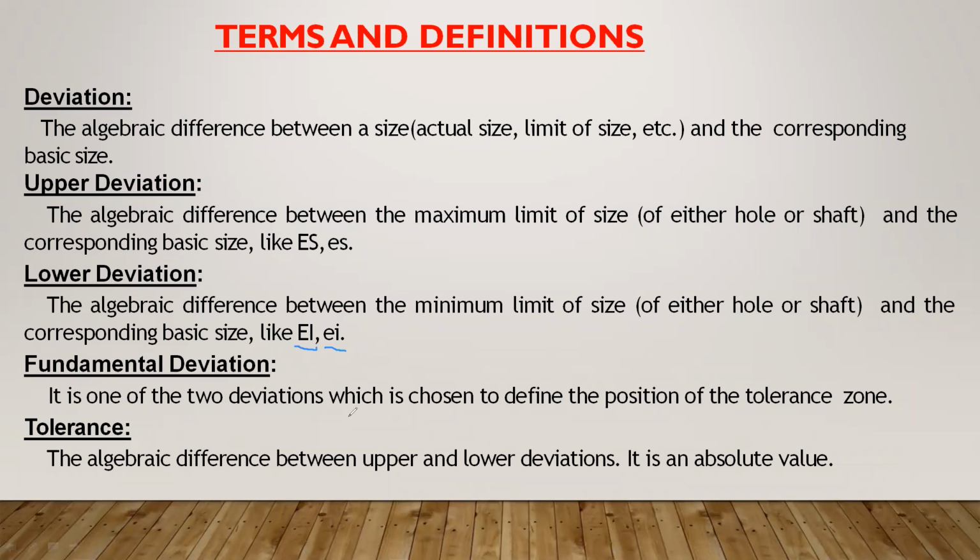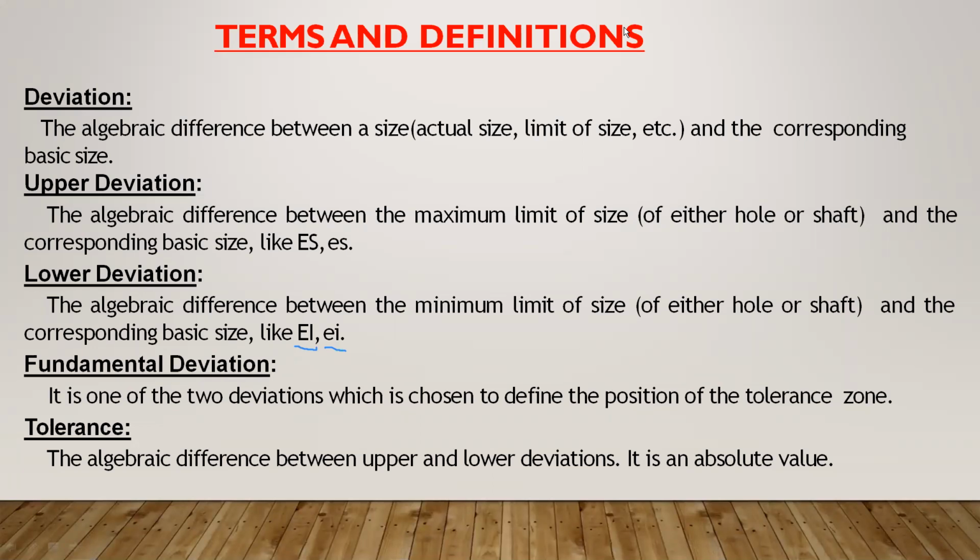And coming to the third type of deviation, that is the fundamental deviation. The fundamental deviation is either one of the two deviations, that is, either the upper deviation or the lower deviation.